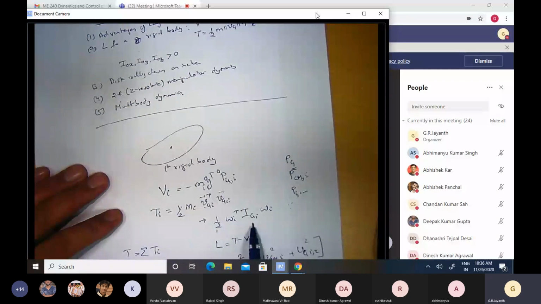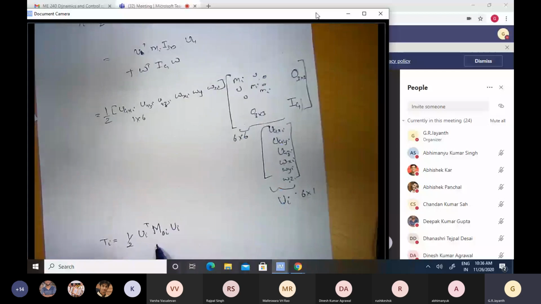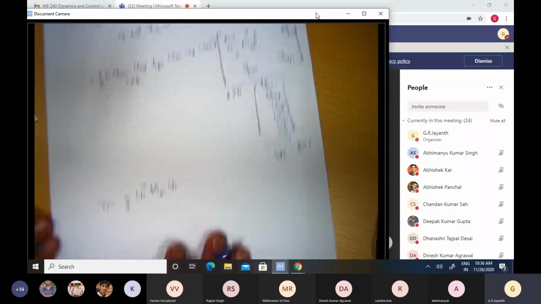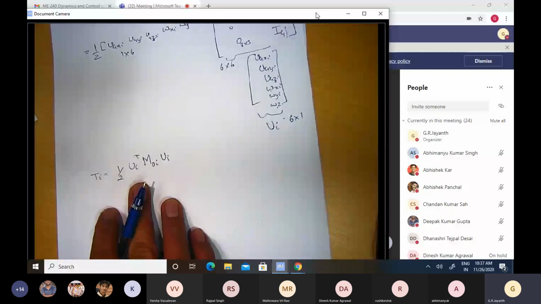So at least 4 symbols you have to remember. Now you have only 2 symbols. It has been reduced to only 2 symbols, Ui and M0i, and all the complexity of inertia matrix and mass and etc. have been packaged away in the definition of these quantities. Okay, so we have therefore greatly simplified the appearance of kinetic energy for one of these rigid bodies. Okay, but unfortunately our job is not done yet.